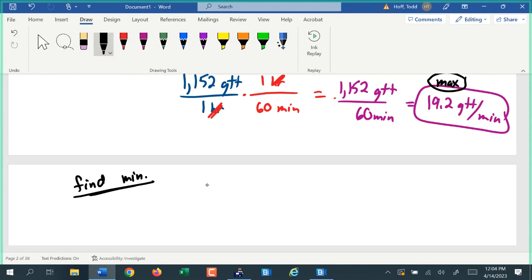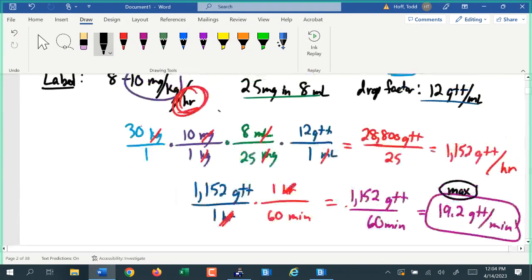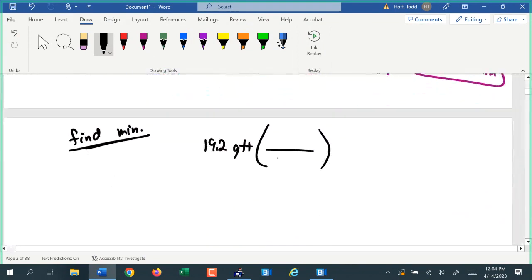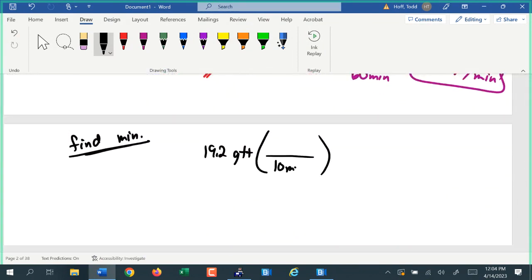So the minimum, we're going to take the 19.2 drops. And that was calculated on a maximum recommendation of 10 milligrams per kilogram. And we're going to turn that to a minimum of 8 milligrams per kilogram. So again, the milligrams per kilogram cancel out.